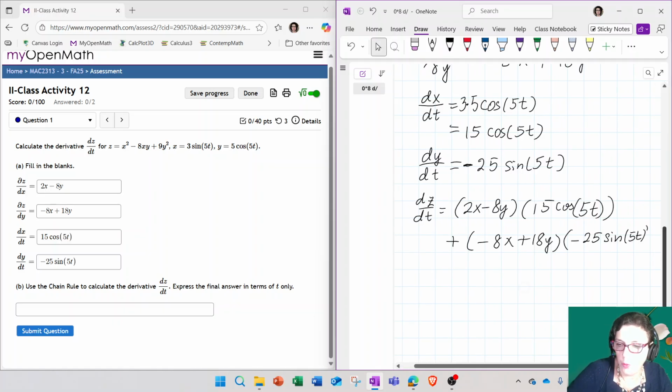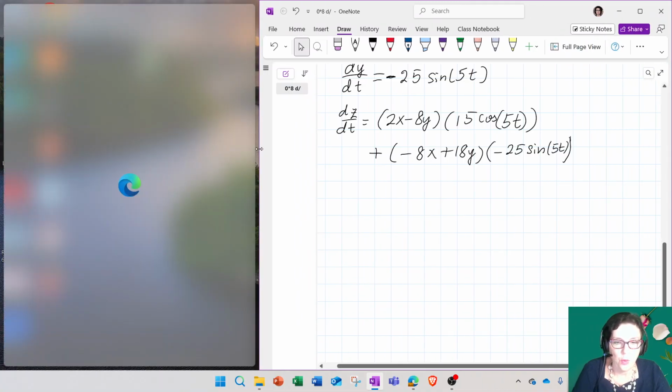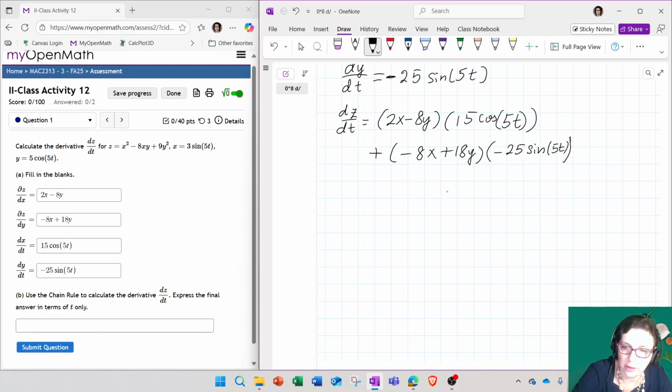Okay, so we are not done. Why are we not done? We can think that, well, that's the derivative, so what else do you want from me? Well, what I want is for this thing to not have any x and y in it, because this is going to be a function of t only. So we have to plug in for x, 3 sine 5t, because that's what it was.